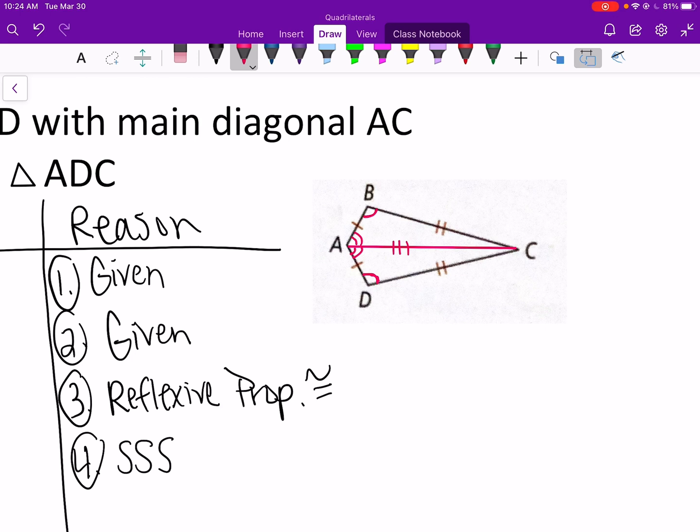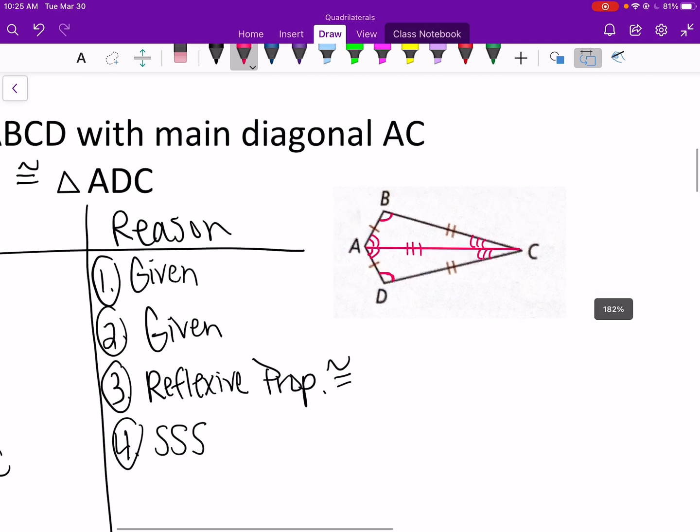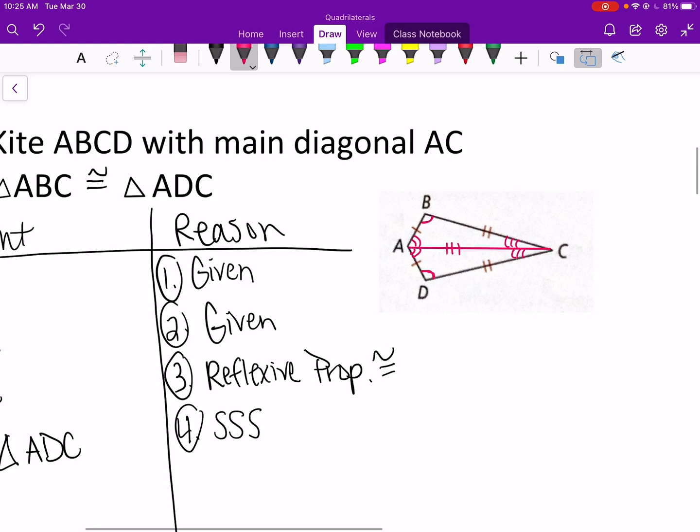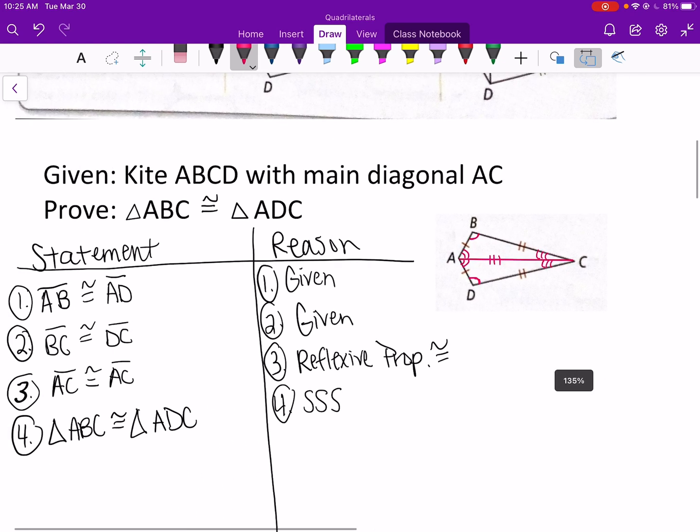And then finally, angle BCA would be congruent to angle ACD. We know that because we have congruent triangles. So if we have a kite, we know that our long main diagonal splits this thing up into two congruent triangles. So we can use this to help us find some of the angle measures.